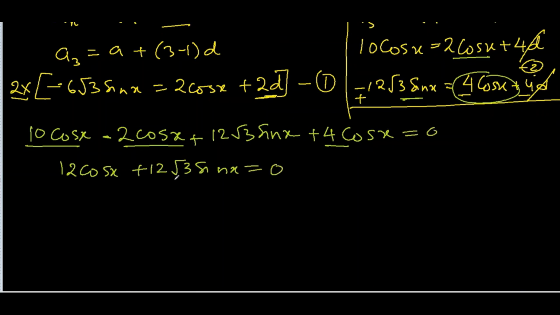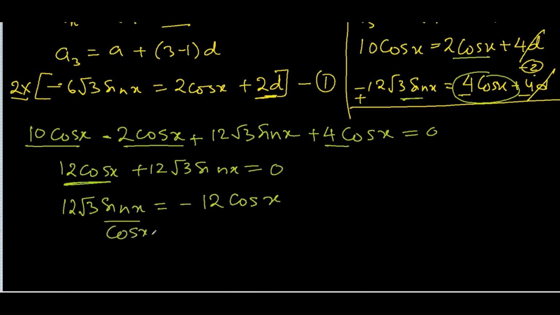Let's take this one to the other side. So 12 square root 3 sin x remains here, equal to minus 12 cos x. We can divide both sides by cos x so that this becomes tan x and the cos x gets cancelled out.